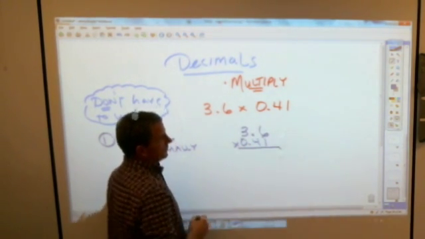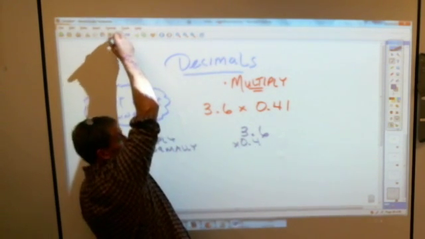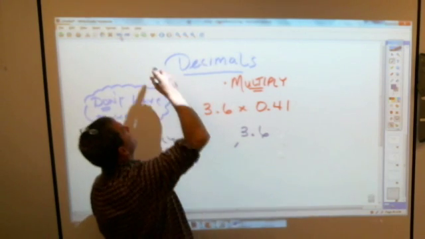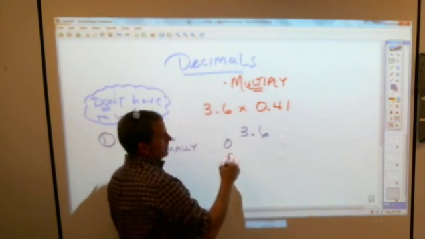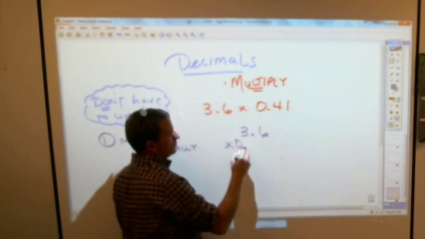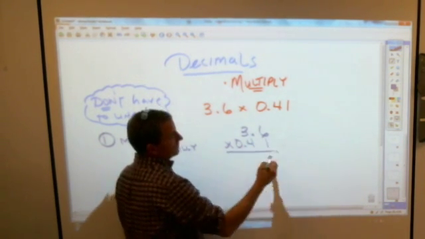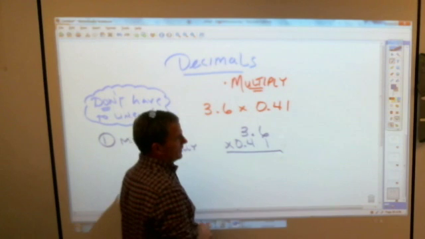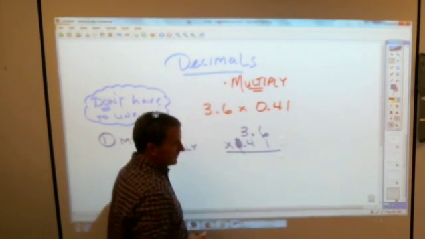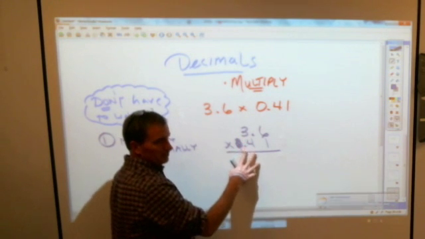Let's at least line up the digits, not necessarily the decimals. Let's just skip the 0, we don't need that there. So it's really 36 times 41.